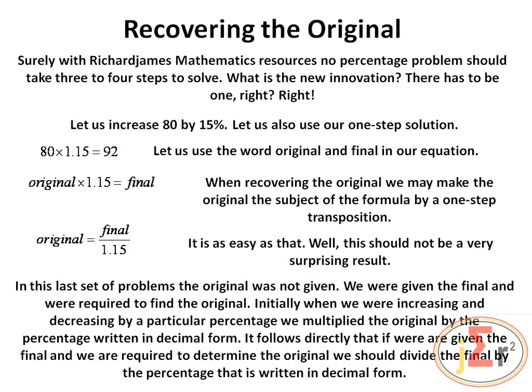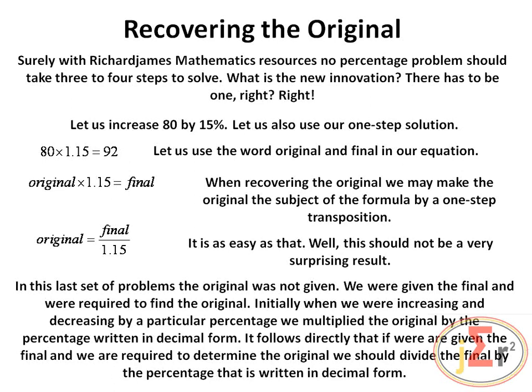So it follows directly that if we are given the final and we are required to determine the original, we should divide the final by the percentage that is written in decimal form. Well, that's not very difficult. Remember that when we multiply, in order to transpose, we are going to divide. And it's just a matter of transposition.